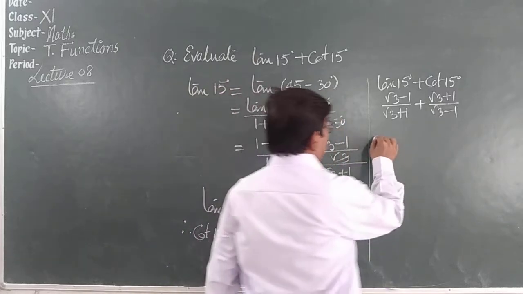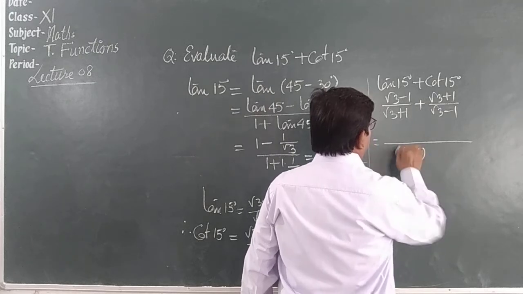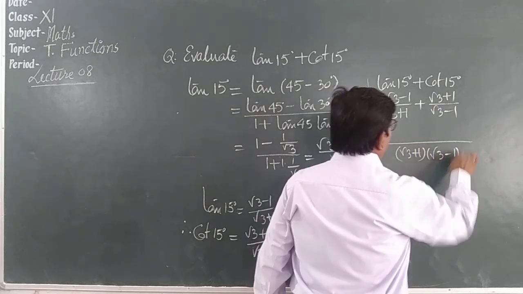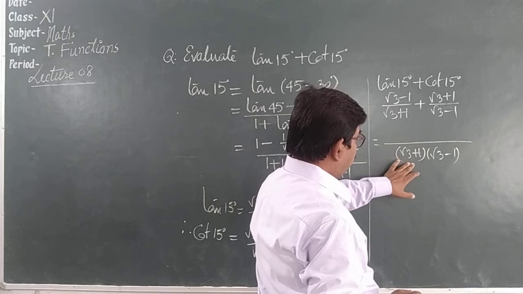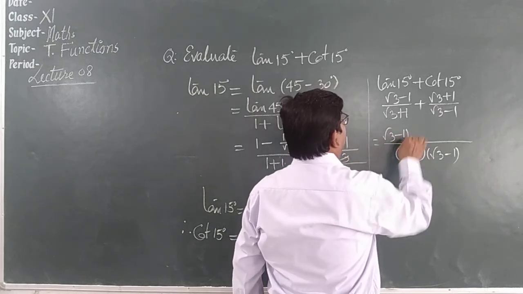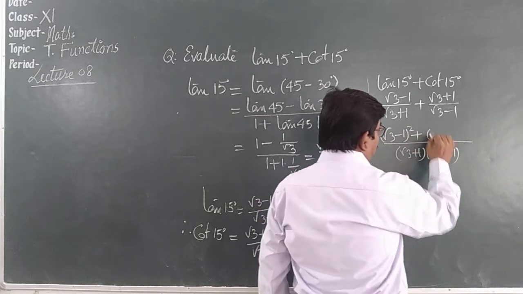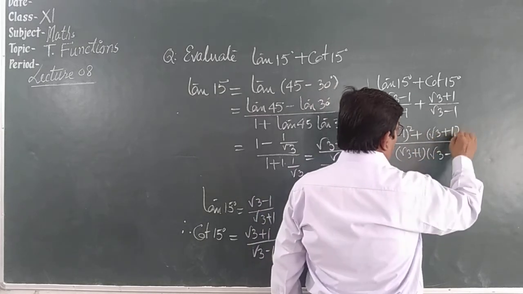We can take LCM, root 3 plus 1 into root 3 minus 1. Root 3 plus 1, root 3 plus 1 will go. We have root 3 minus 1 whole square plus, here root 3 minus 1 will go, we have root 3 plus 1 whole square.